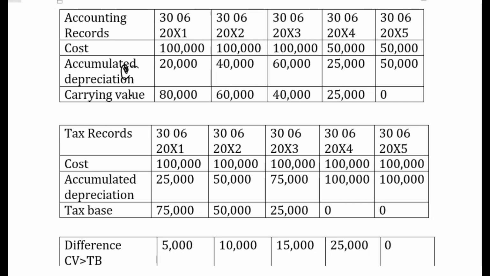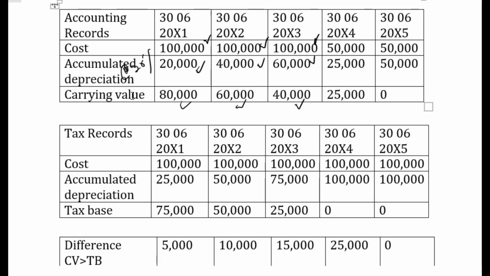Depreciation is at 20%, $20,000, and the carrying value is $80,000. Second year, accumulated depreciation is $40,000, carrying value $60,000. Third year, accumulated depreciation is $60,000, carrying value is $40,000.